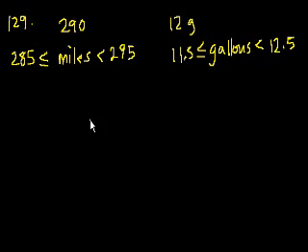Fair enough. So what was the lowest possible miles per gallon? The lowest possible miles per gallon would have the lowest miles and the highest gallons, right? You want to minimize the numerator and maximize the denominator. So the lowest possible miles would be 285, and the highest possible gallons will approach 12.5. 12.49999 is a possible number of gallons.